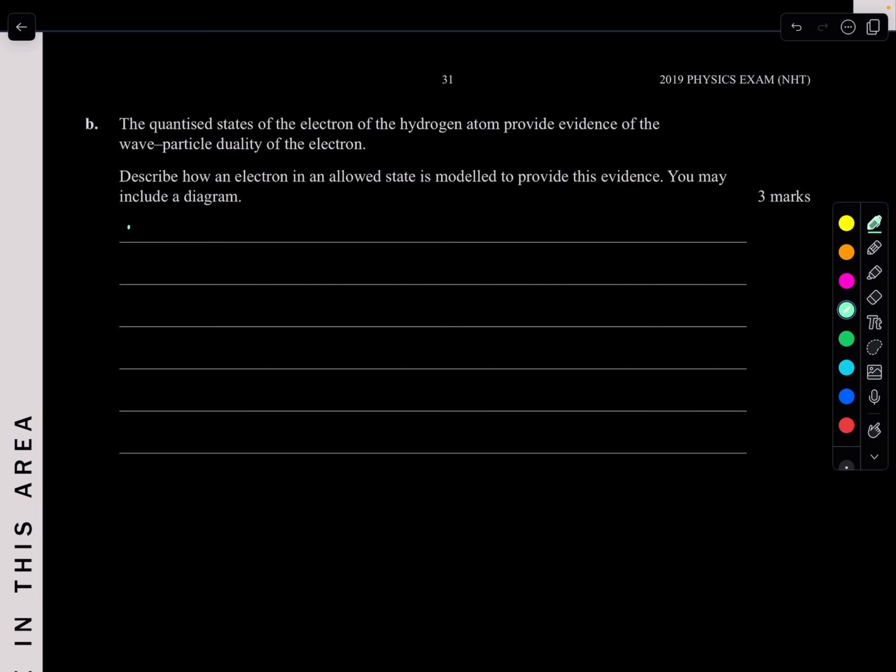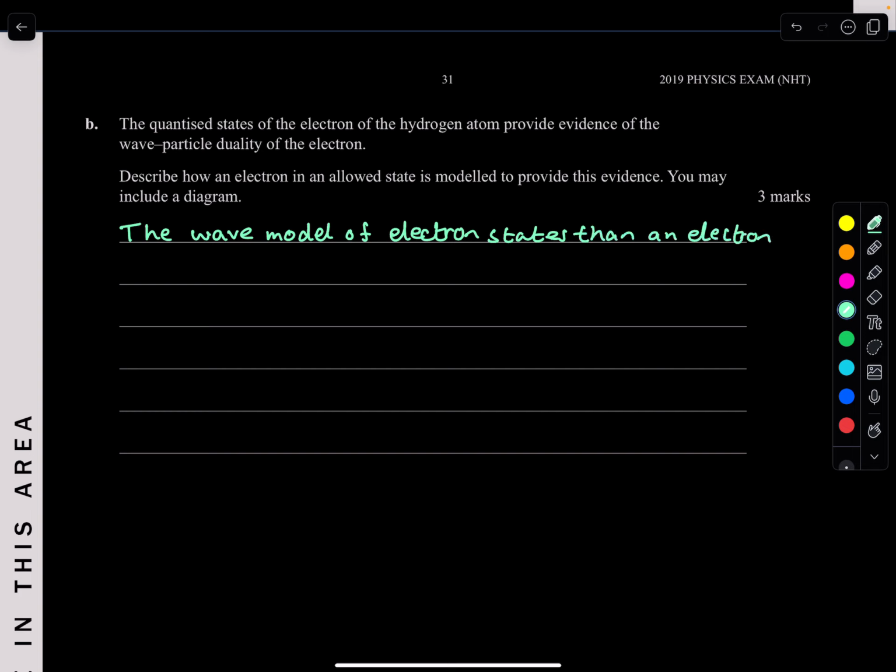So, the wave model of electron states that an electron has a de Broglie wavelength.